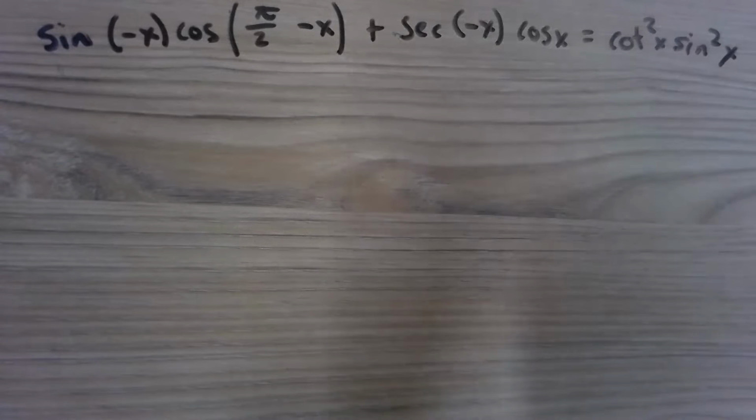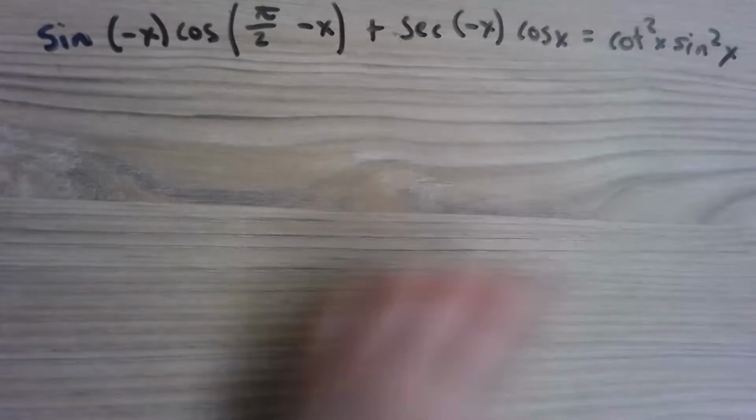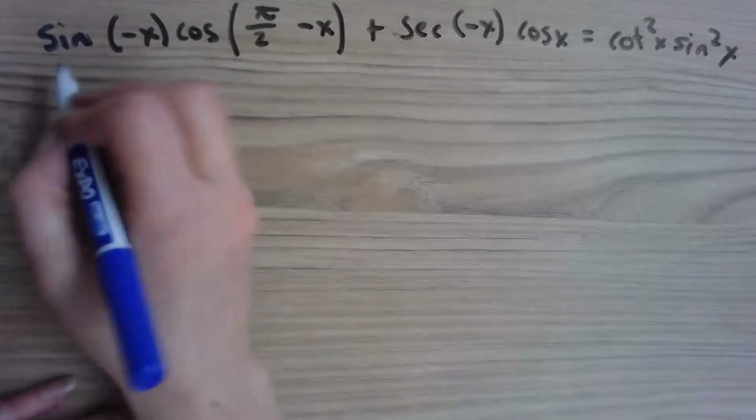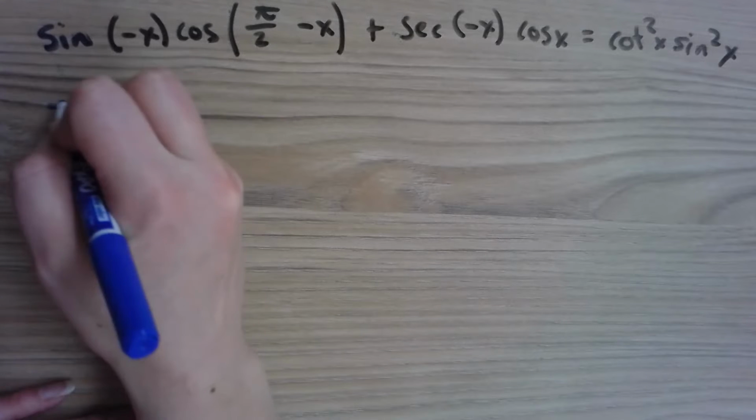So here we go. Looking at my identity sheet, you should notice the even and odd formulas, which say that sine of negative theta is the same as negative sine theta. So that right away tells me this right here is negative sine x.